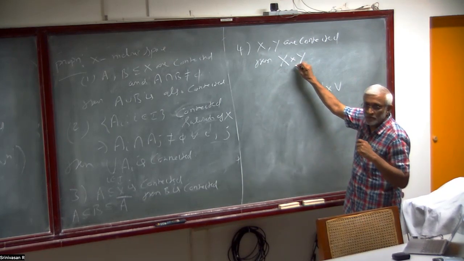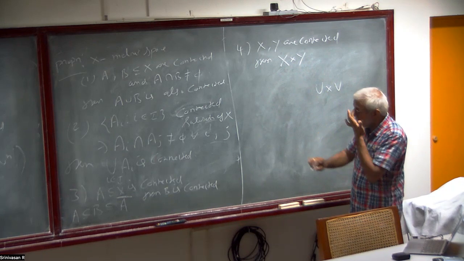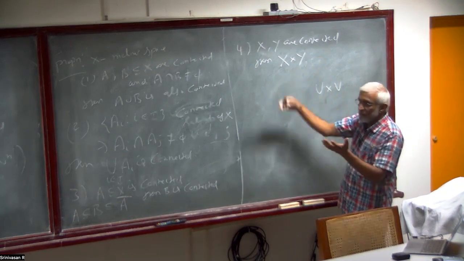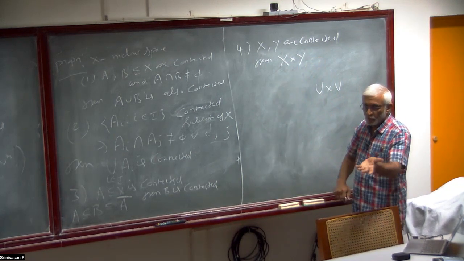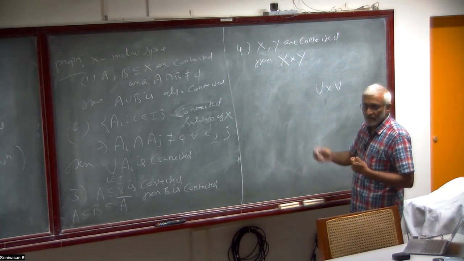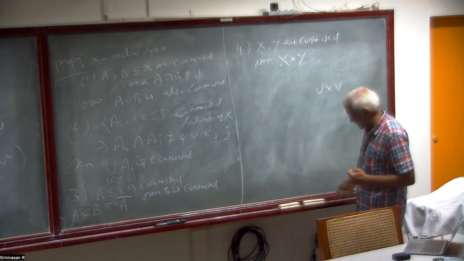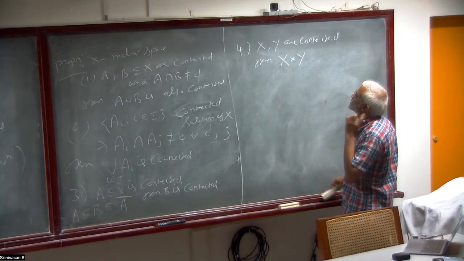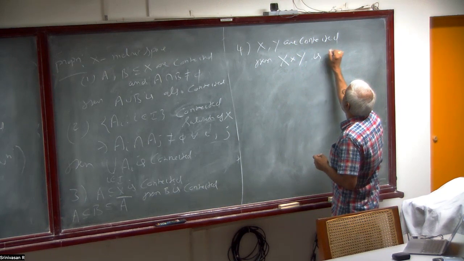That will give the topology on this. But we don't have to worry. You take a metric here, a metric there, then you take any of those metrics, the 2 metric, or the 3 metric, or the Q metric, or the 1 metric, or the maximum infinity metric, anything you take. Then X cross Y is connected.